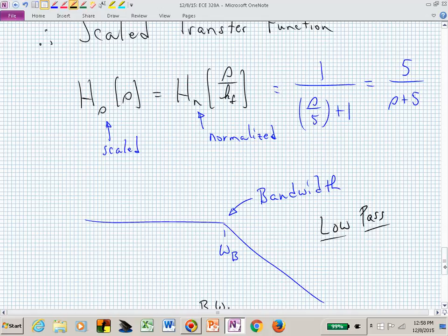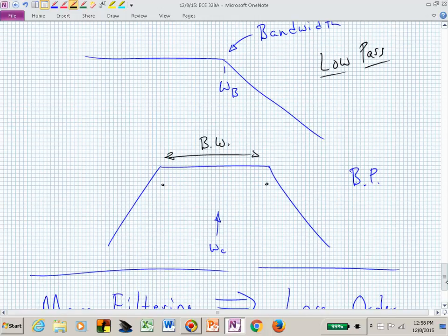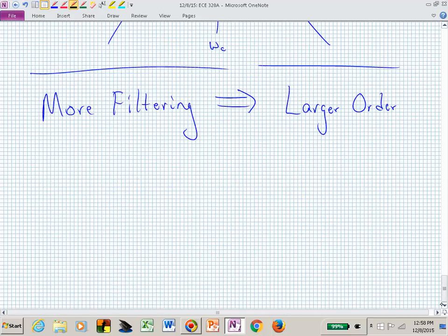So now if you have a high pass, a lot of times what you will do is you will say, what is the cutoff frequency of my high pass filter? And now you're looking at what frequency you start passing or favoring high frequency signals. So you might say, I have a high pass filter with a cutoff frequency of 10 hertz.